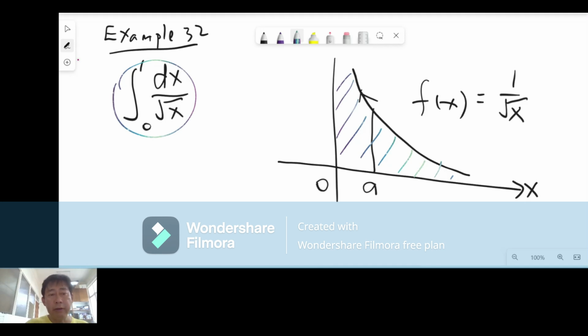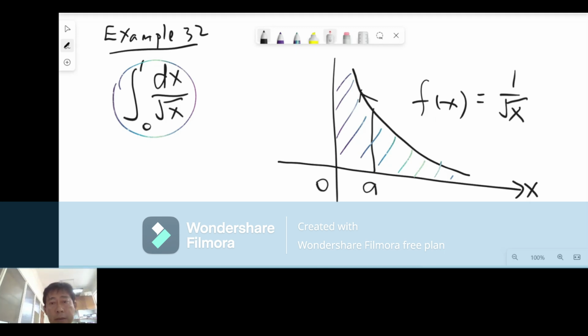In order to evaluate this integral from 0 to 1, we first replace the lower limit x equals 0, at which the integrand is not defined, by a finite value a, and let a tend towards 0 from the right. Replacing the lower limit 0 by a value a, which is not 0, will avoid the direct evaluation of the function at the exact point x equals 0.